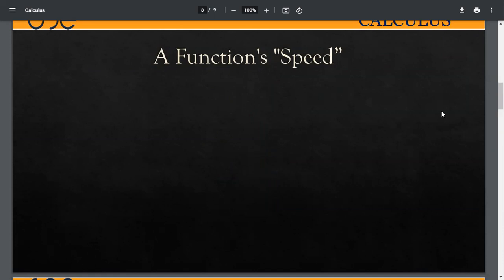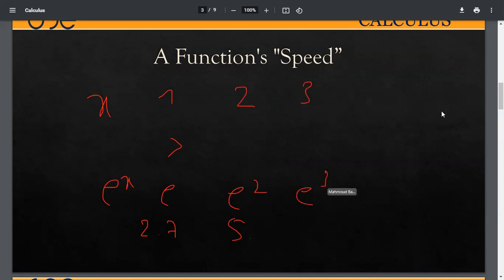So for example, if I'm comparing x and I'm comparing e power x, you see x starts at 1, so this would be e, already greater. However, at 2, this will be e squared. So it started with 2.7, now it's 5 point something. Now at 3, it will be e power 3. So you see, it's evaluating faster and faster.